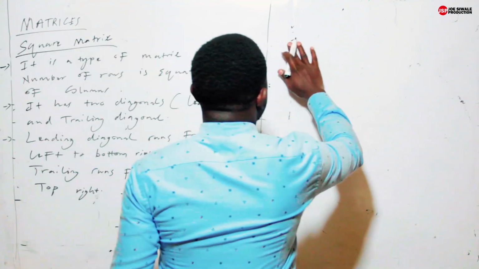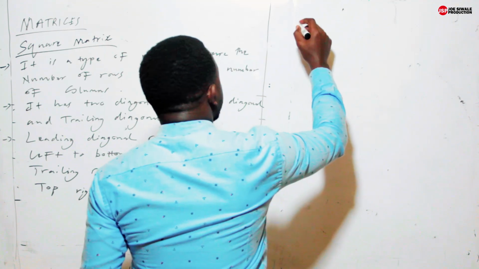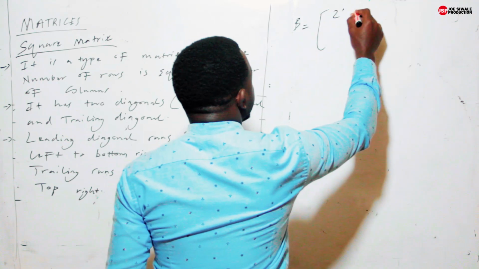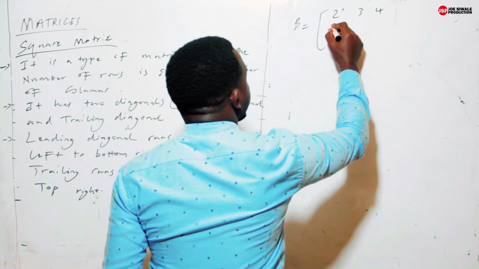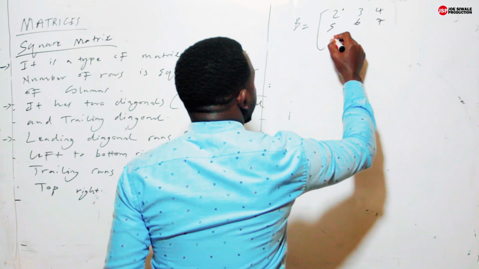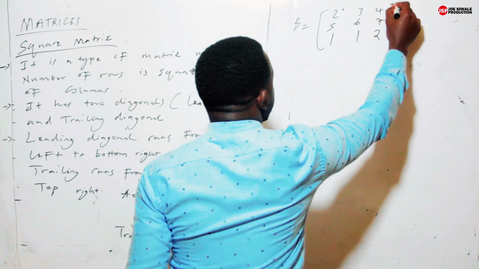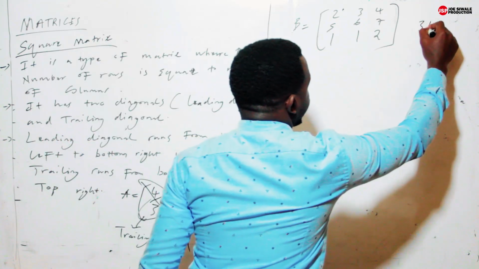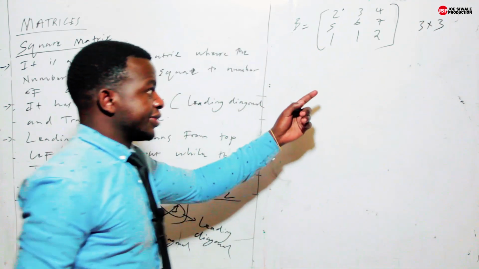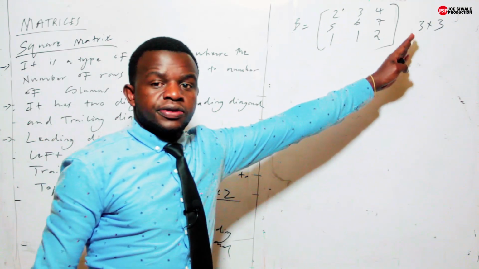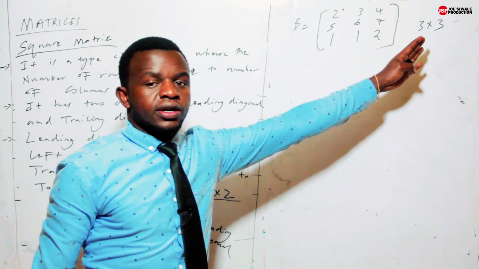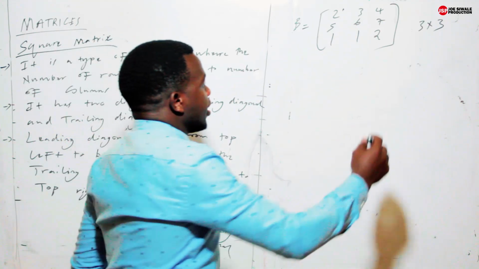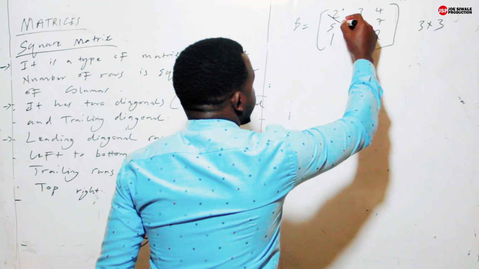Another example of a square matrix, so we can say B, if we're having 2, 3, 4, 5, 6, 7, then we have 1, 1, 2. So the order of this matrix is 3 by 3. As you can see, it has 3 rows and 3 columns. So this is a square matrix.